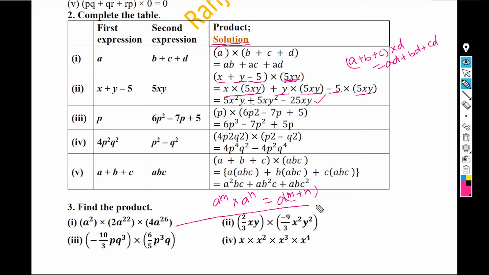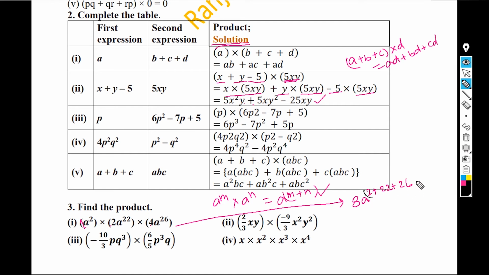When you are solving this question, first of all, you multiply the coefficients, the constant terms. Here 1, 1 2 are 2, 2 4 are 8. Then a to the power, just using this formula, 2 plus 22 plus 26.